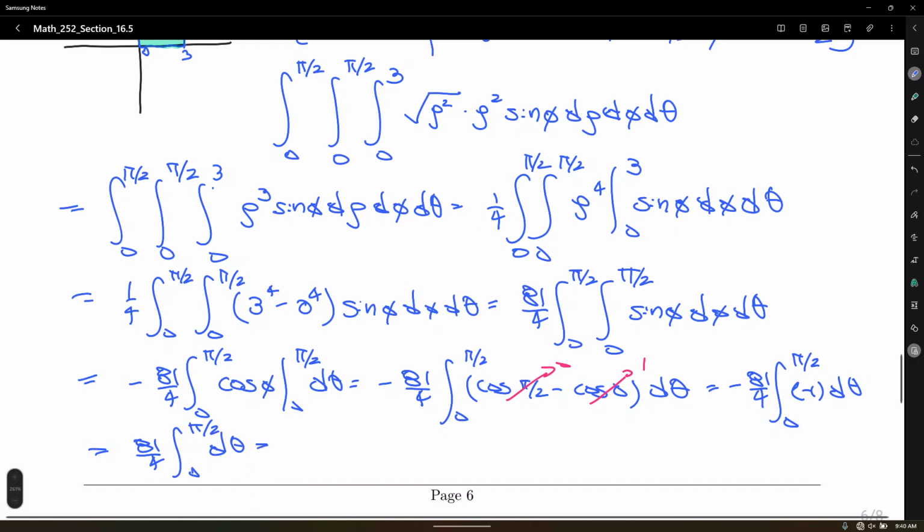This integral is just equal to theta, so 81/4 times theta from 0 to pi over 2, which equals 81/4 times pi over 2 minus 0, which equals 81 pi over 8 units.